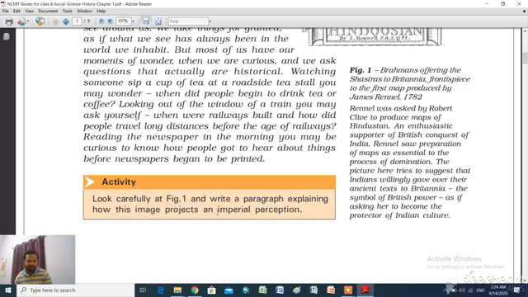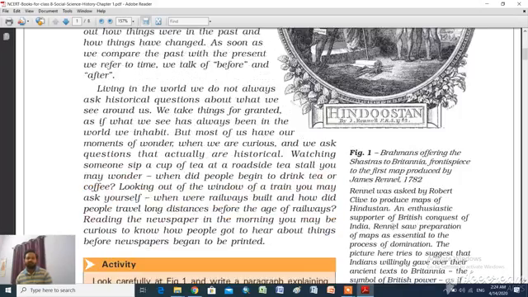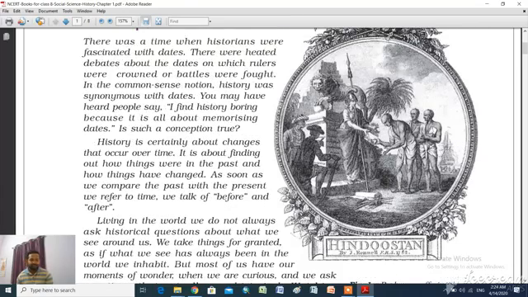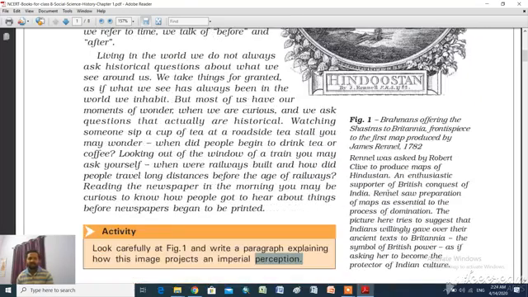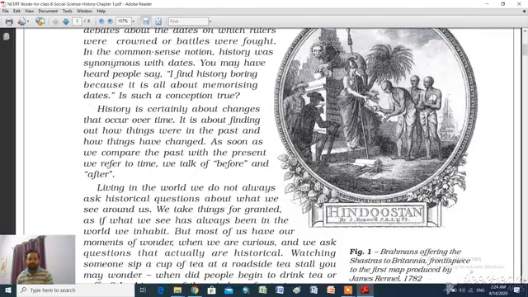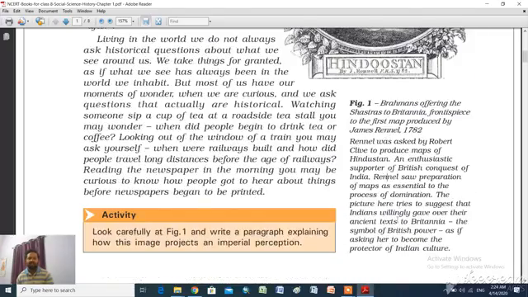What is imperial? Imperial means anything that is related to the royal family, the royal British family, the British kingdom, like Elizabeth, etc. Perceptions mean thoughts. So from this image we can imagine that the Indians bow down to the British and transfer their knowledge.